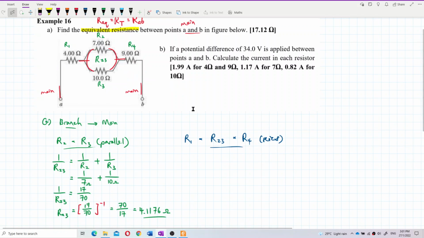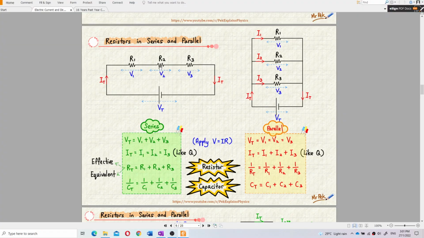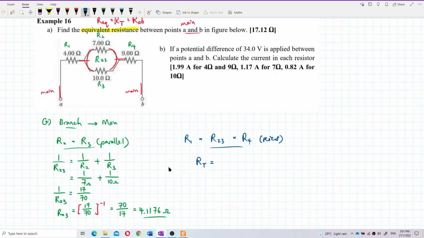So now R total. Resistors in series become a higher resistance, because it's plus plus plus. So it's R1 plus R23 plus R4.